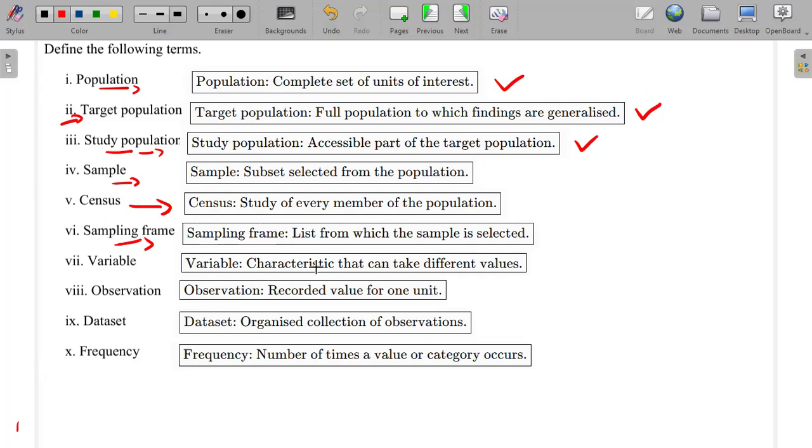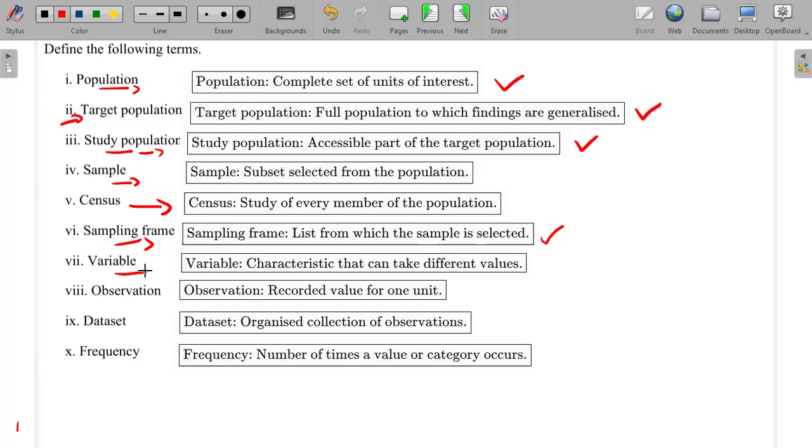If you come to the university setup, a complete list of all the registered students at the university that is used to randomly select 100 students at that particular university, that is what we are going to call a sampling frame. So the university will give you maybe the list of all the students that are enrolled there, right? And then from that list, you select 100 students. So that list is acting as the sampling frame. The list from which the sample is selected, that's what we call the sampling frame.